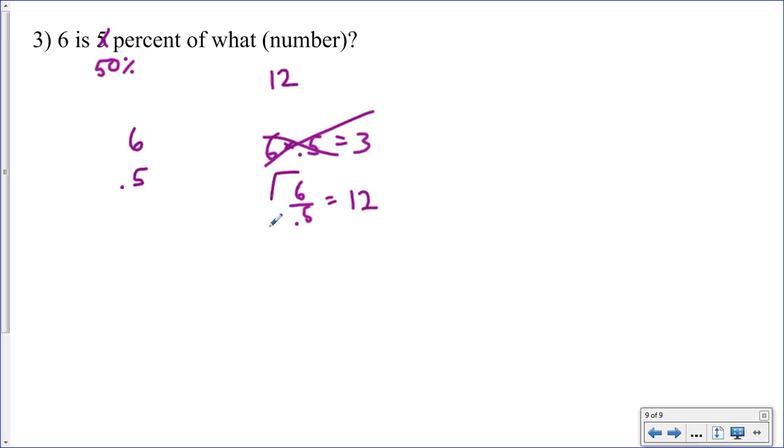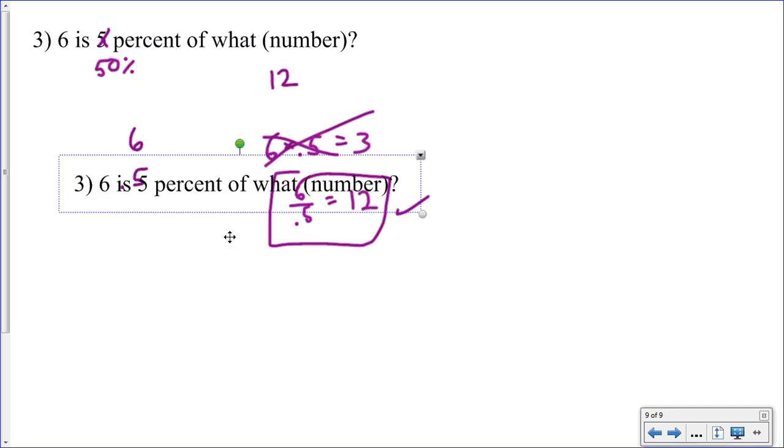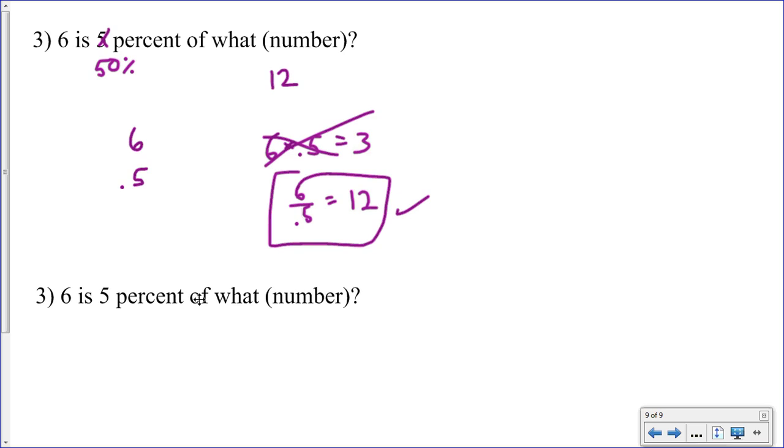So this is the method to use. We took this and divided it by that percent. So the original problem, 6 is 5% of what number? To figure out 50% of what number, we took 6 and divided it by 50%.